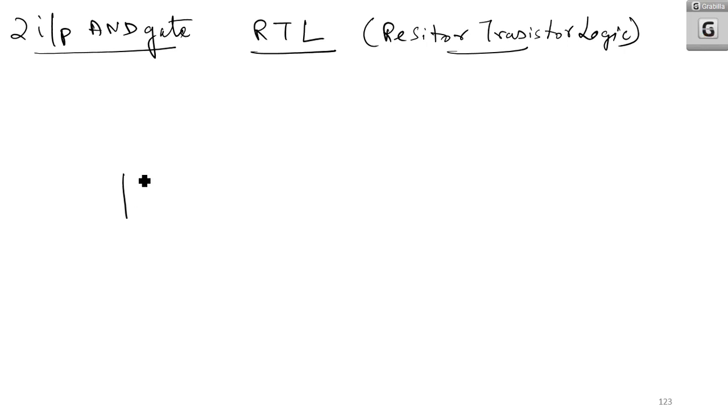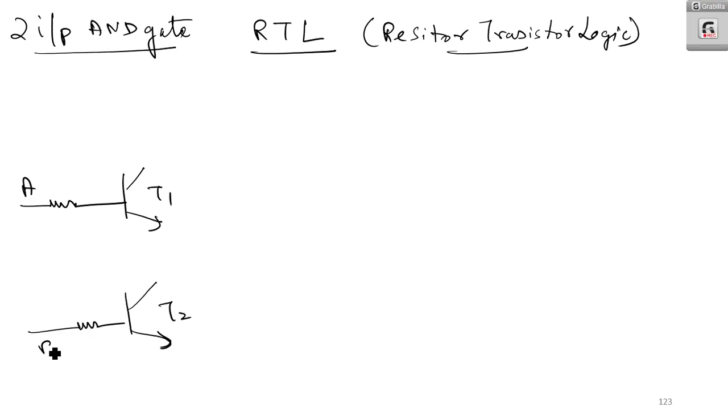I am taking two transistors, say T1, T2, as input. Then here I am connecting A to the base of the transistor and B to the other.